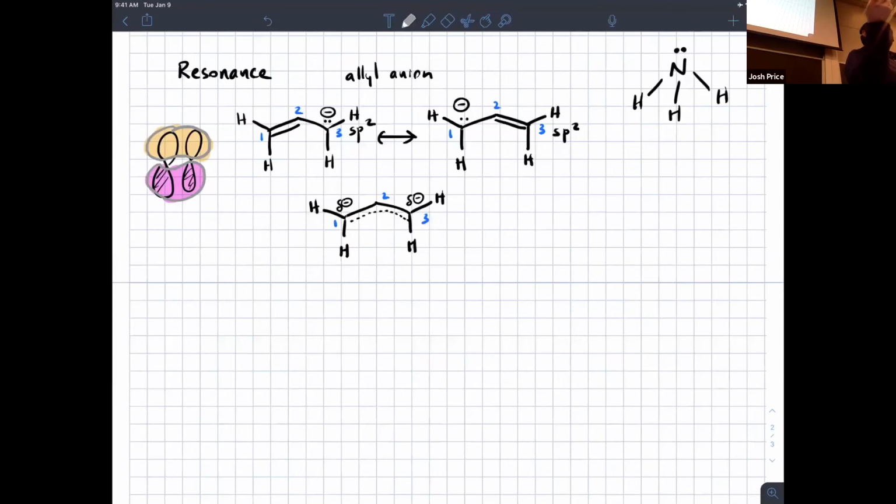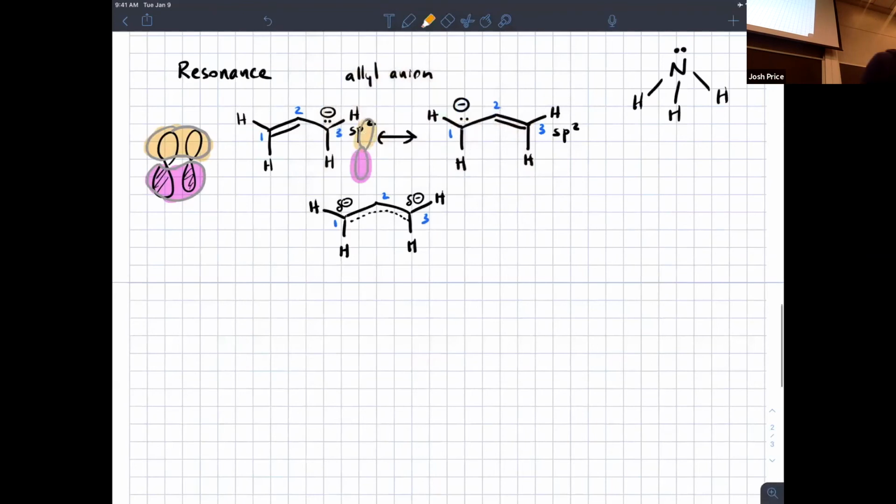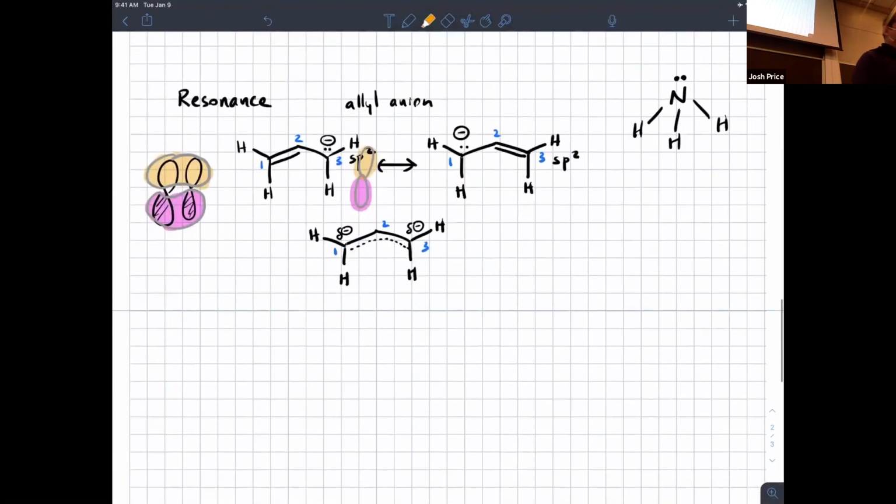The p orbital, the 2pz orbital. So I have on carbons 1 and 2 p orbitals, and on carbon 3, I have another p orbital. All right. So even from the valence bond picture, it should be clear to you that you have a p orbital on each of those carbons in a row.